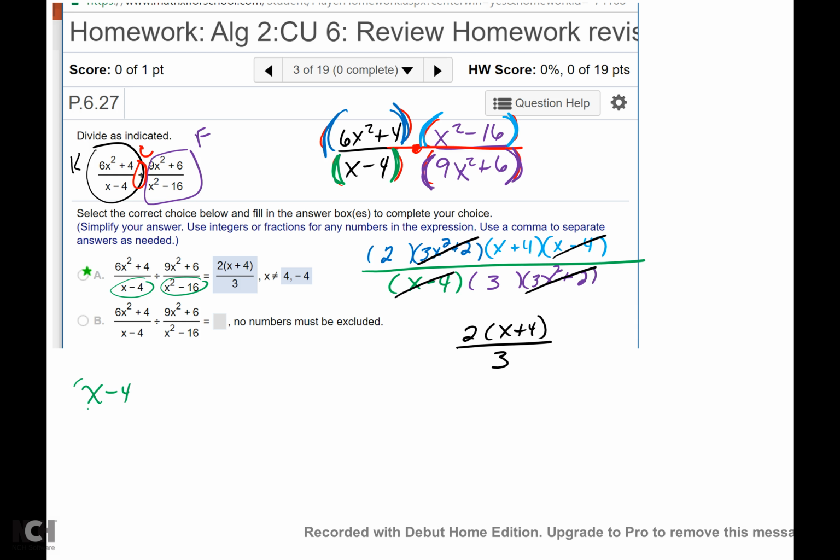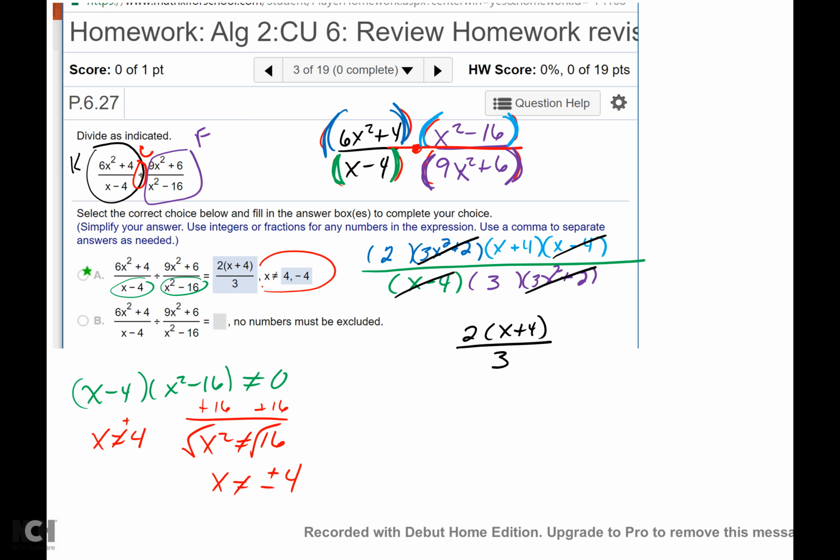So you say x minus 4 and x squared minus 16 can never equal 0, which this says x can never equal 4. And this, if I solve it, add 16, x squared can never equal 16, square root, x can never equal plus or minus 4, which we already had a plus 4 here. So the ones that have to be excluded is x can never equal 4 or negative 4.